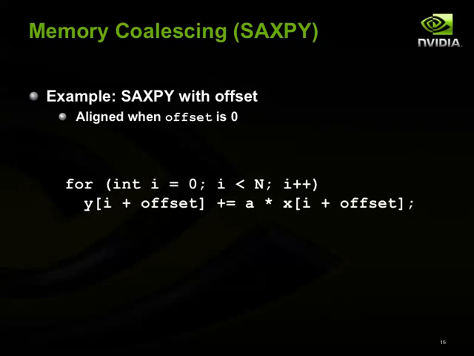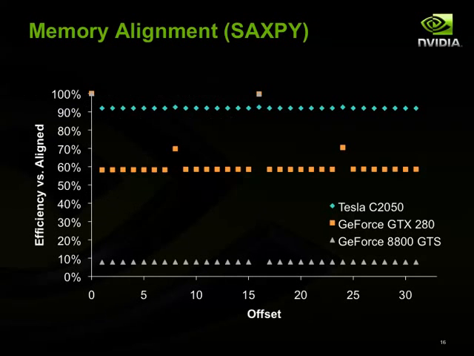In the previous micro benchmark, we were reading with different strides. Here we can do it with different offsets. This is not such a profound effect anymore, but on previous hardware, it was. The gray triangles at the bottom are the oldest GPU among these three, and this is what I meant when I said it had severe restrictions on memory coalescing.